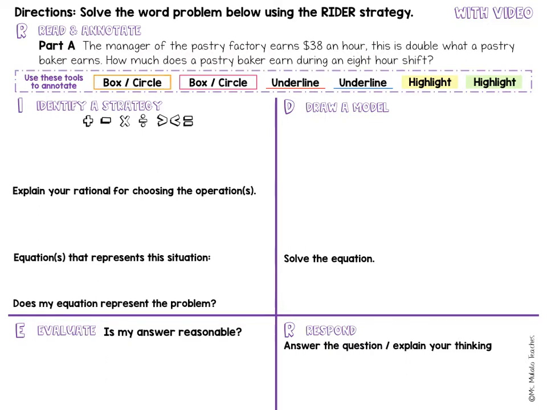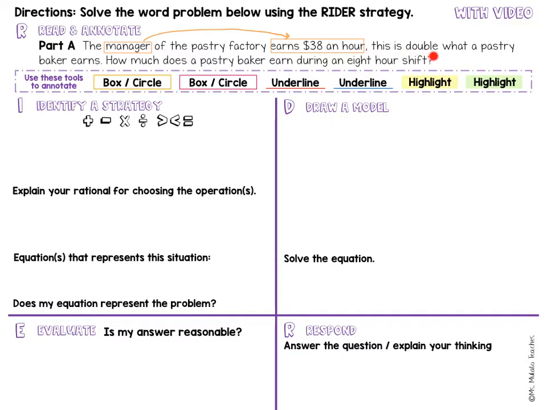So I'm going to select one of the boxes and drag it over to earns $38 an hour. And I'm actually going to put a box around manager also in the same color because the manager makes $38 an hour. If I was writing this on a piece of paper, I would probably draw an arrow from manager to $38 an hour.